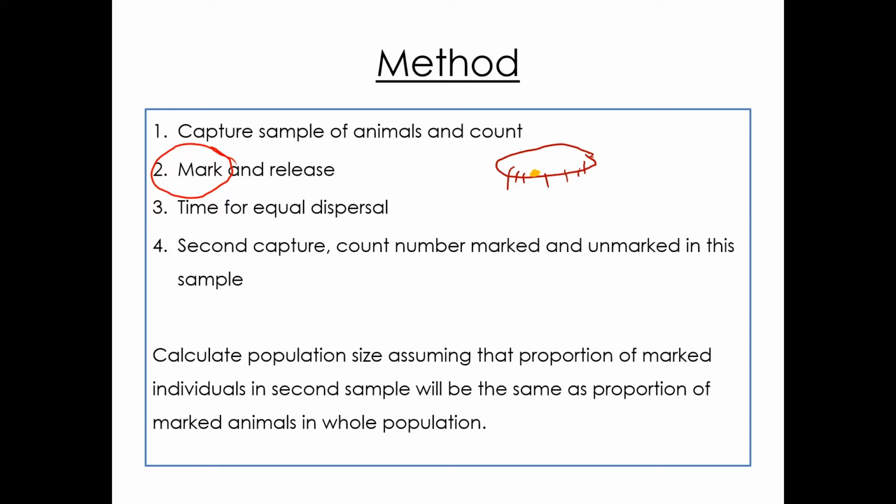For bird species, it's often more appropriate to mark them by placing, so this is a bird in case you can't tell, a ring around the ankle. So depending on the species, you'll choose a way to mark them which is safe, not toxic, and doesn't cause them any harm by making them more visible to predators.